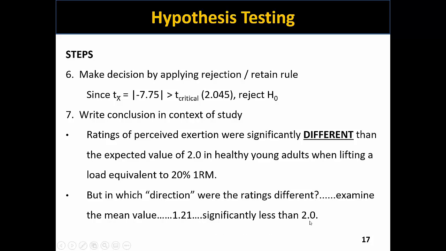It looks like it's less than 2.0, but the statistical testing gave us confirmation that it is statistically less than 2.0. So what we would conclude is that healthy young adults rate these values less than the expected value on the scale of 2.0. So this ends this part of our t-testing unit.